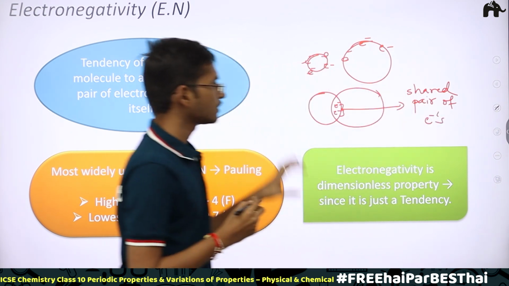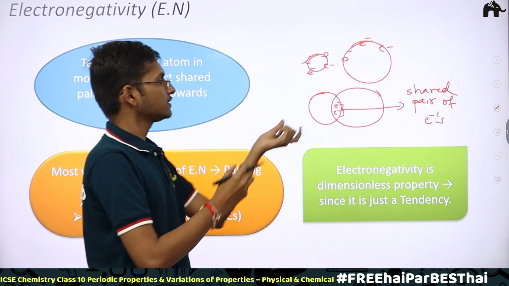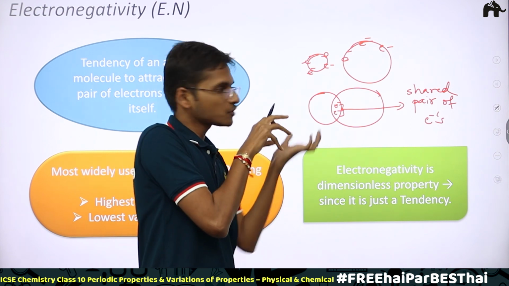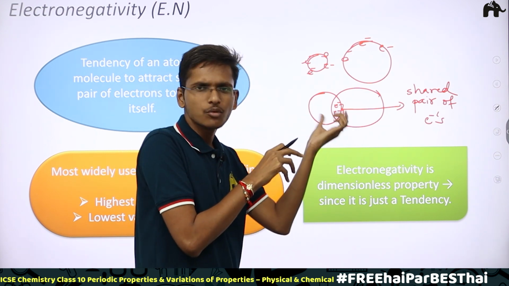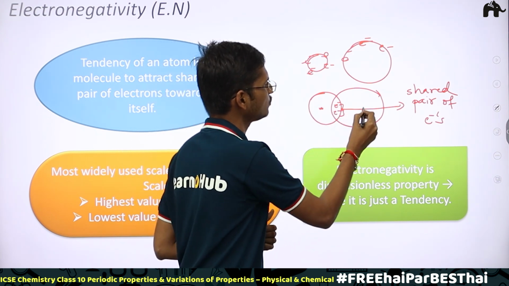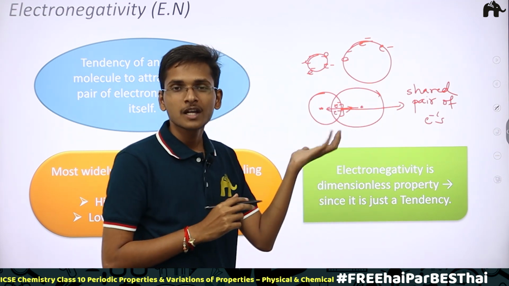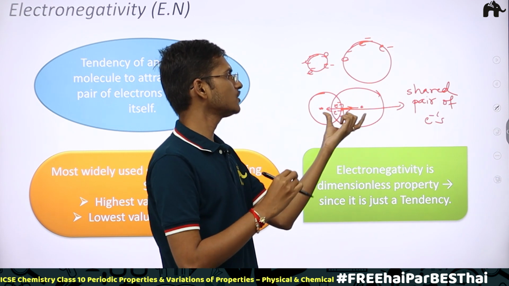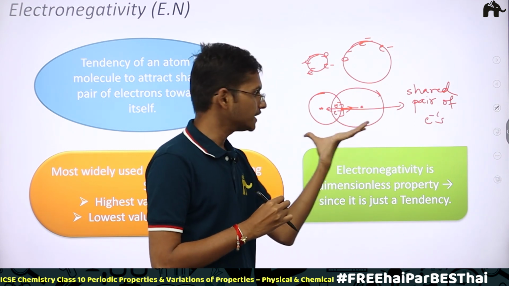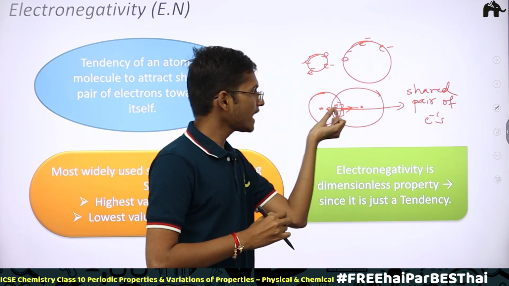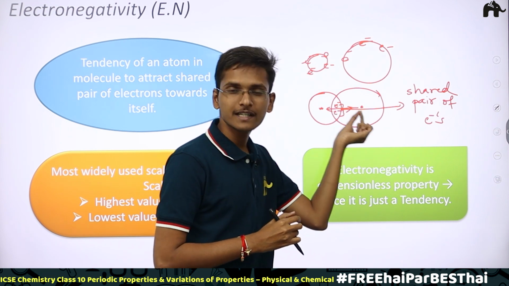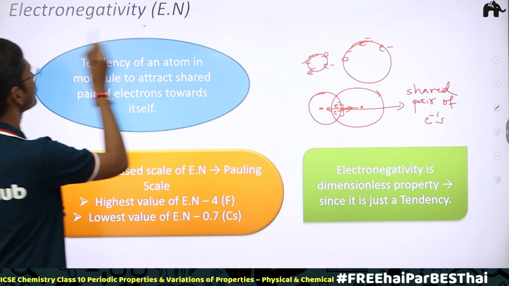Now what is happening, the atoms which are sharing these electrons both try to attract this electron towards themselves. And this very tendency of an atom in a molecule to attract the shared pair of electrons towards itself is called electronegativity.